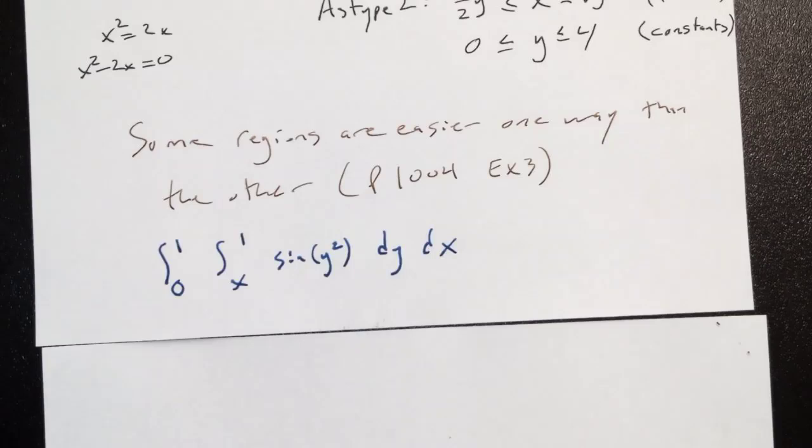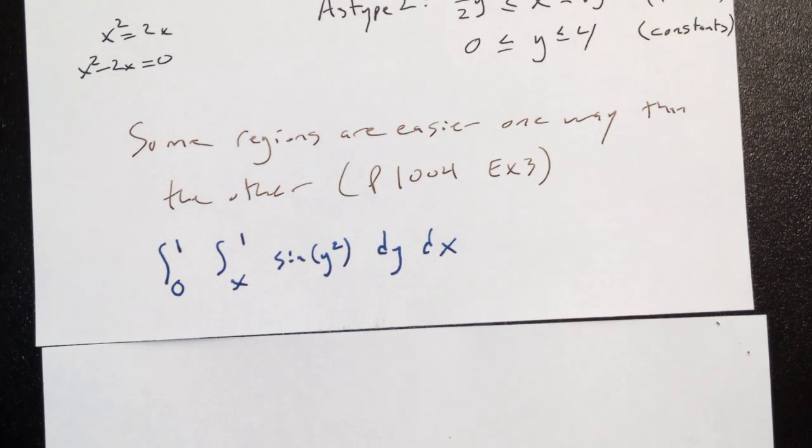Because it's dy dx, it's type 1, exactly. So I'm going to integrate with respect to y. How do you integrate sine of the quantity y squared? I don't know how to do that.